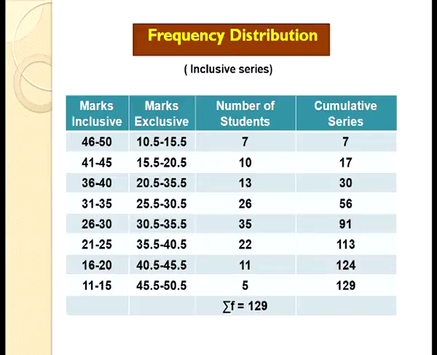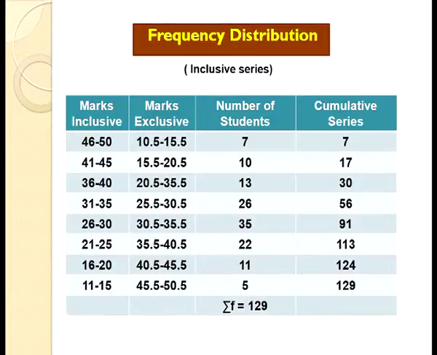Now this question is normal. We have converted it into exclusive series, so we can easily find out the median value. As per the normal question, the very first step we have already done: arrange the data in ascending order. Now the next step is we have to make a column for cumulative frequency.